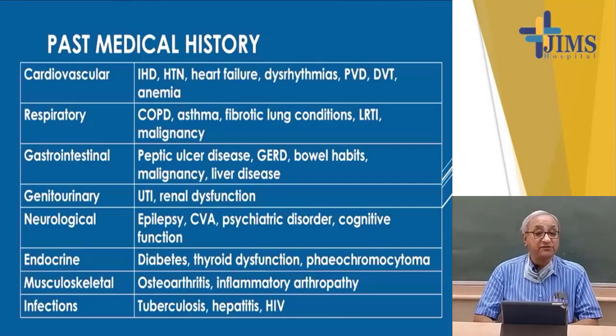Patient may present with very high blood pressure which cannot be controlled, and on investigation we find that the patient has a pheochromocytoma. So the primary cause, instead of the operation, will be focused on the pheochromocytoma. Musculoskeletal system, patient can have osteoarthritis or any inflammatory arthropathies like rheumatoid arthritis. Infections like tuberculosis, hepatitis, or human immunodeficiency virus, HIV.